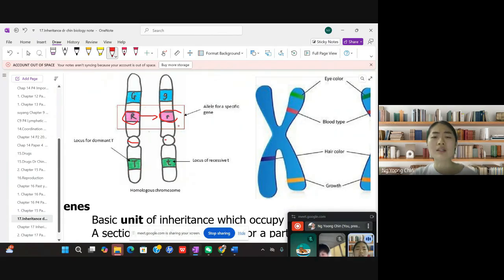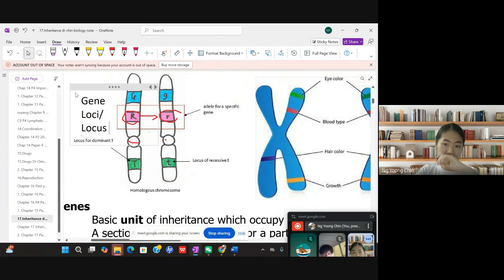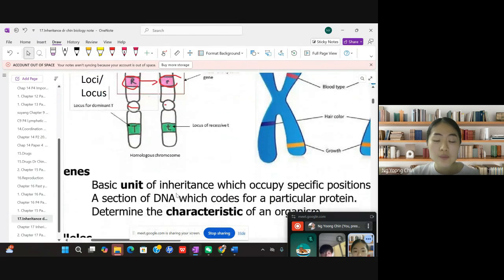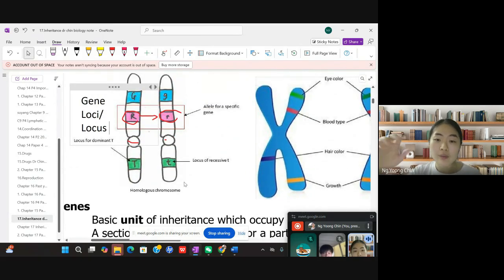We call it genes located at the same loci. The positions on the chromosome where a gene is located are called loci, gene loci, or locus. So you can see there will be different genes, and they code for different proteins.